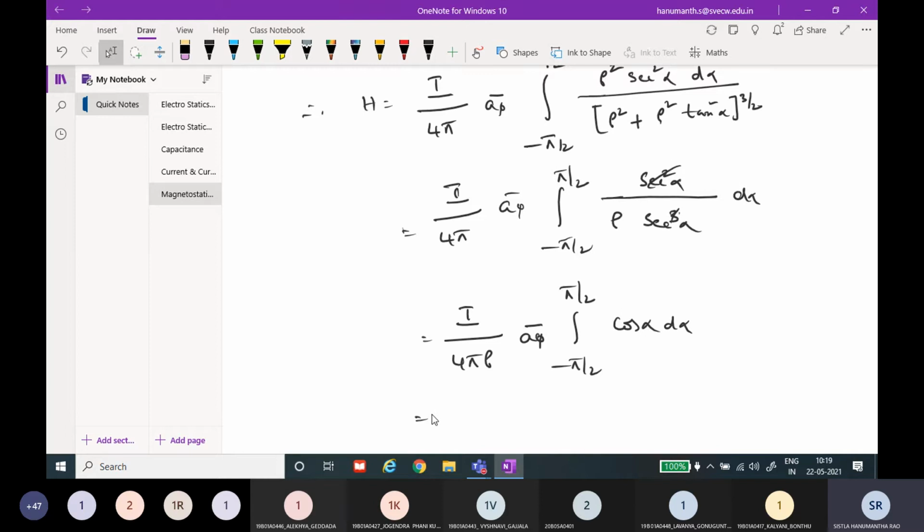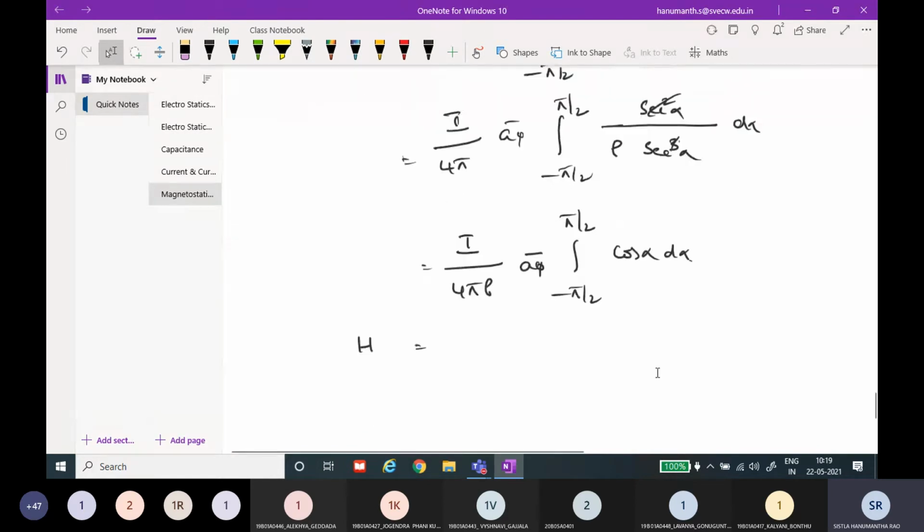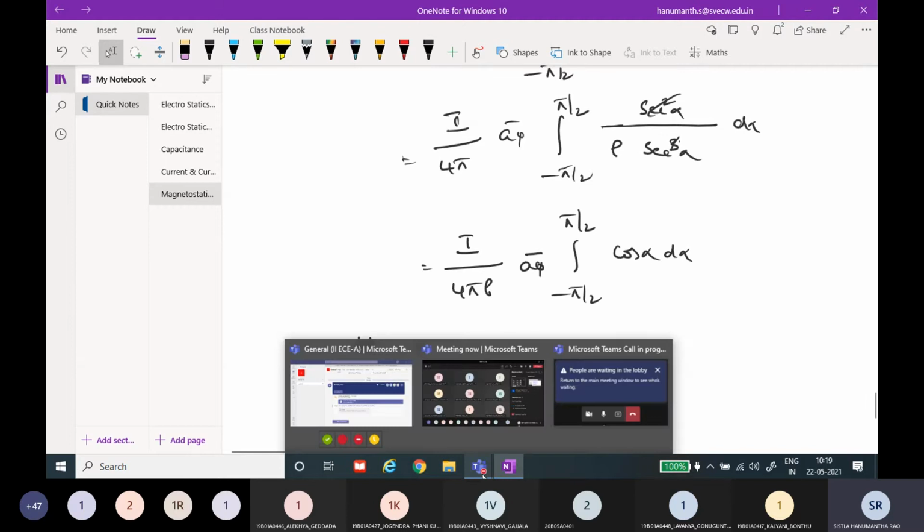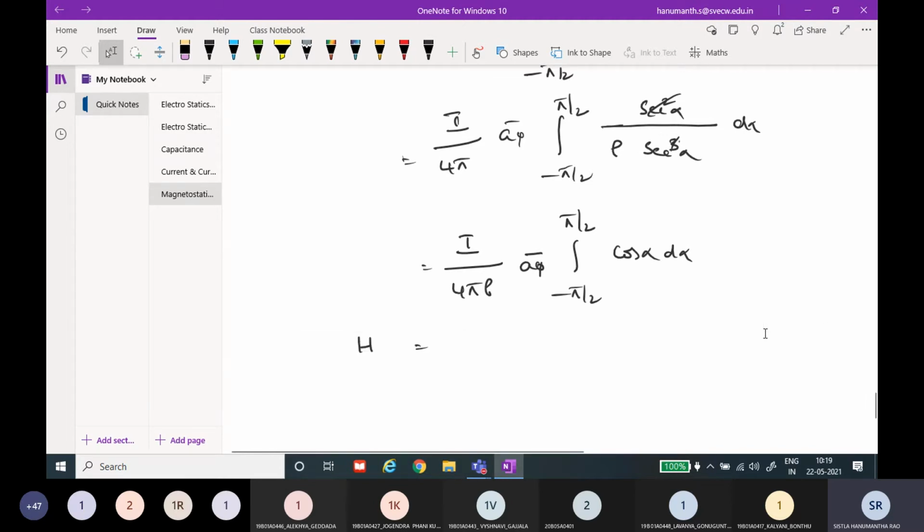Now tell me the complete solution, H is equivalent to. The integral of cos alpha d alpha is sin alpha.